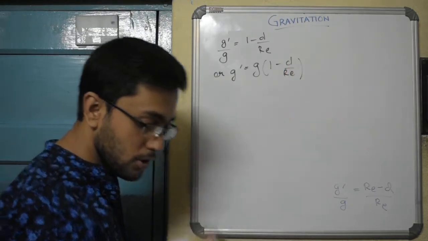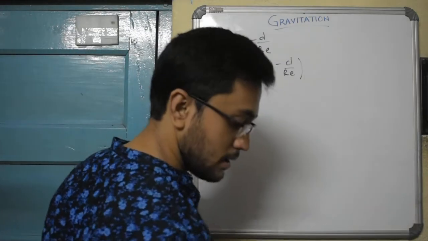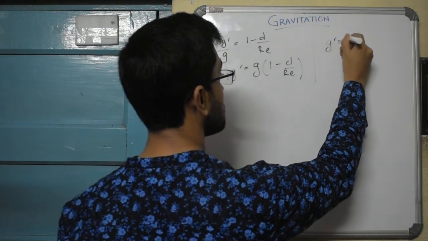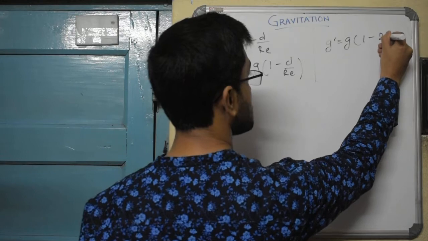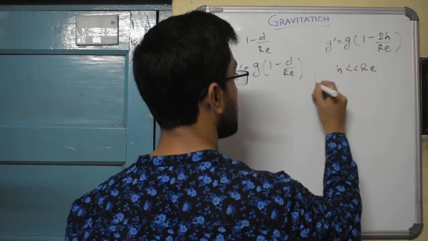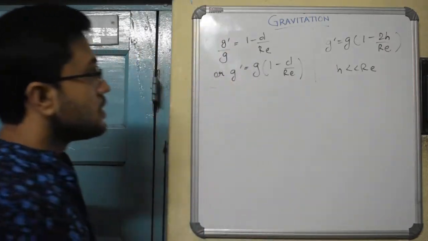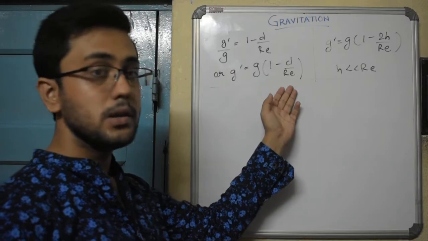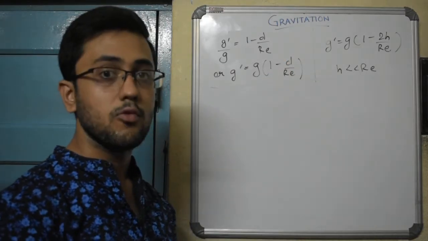Now if we do a comparative study, this is the expression for a depth, and for the height the expression was g dash equal to g times 1 minus 2h by R_E, when height was small compared to the radius of Earth. So in either case, within this bracket we have a quantity which is 1 minus some positive quantity.